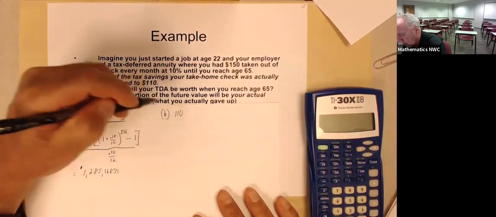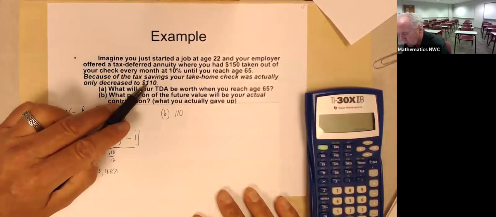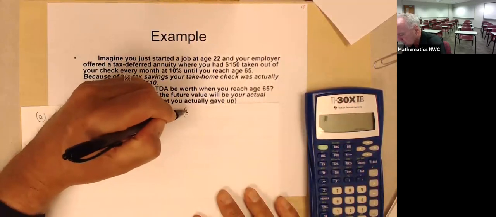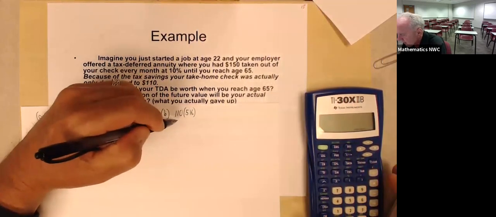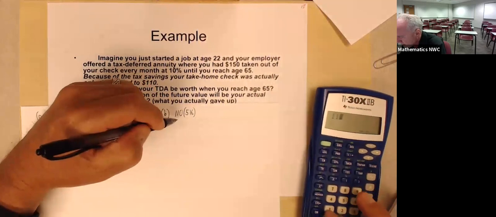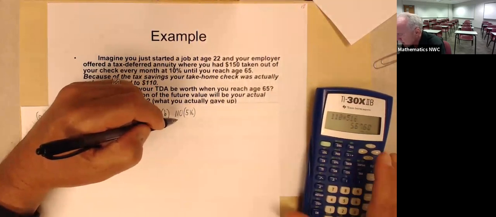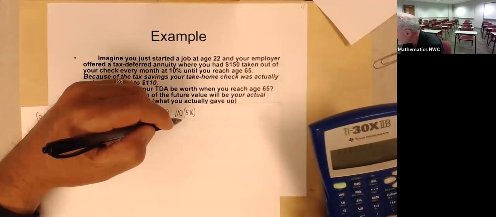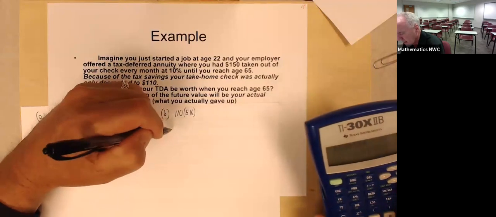I gave up $110 a month that I would have otherwise gotten for 516 months. 110 times 516 is 56,000. Double check that number once, 760. That is correct.